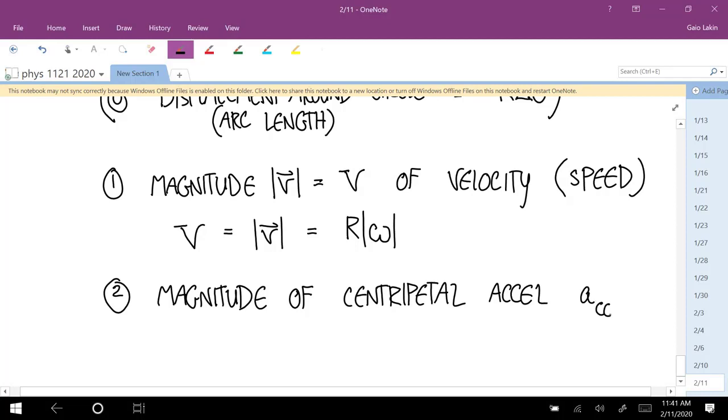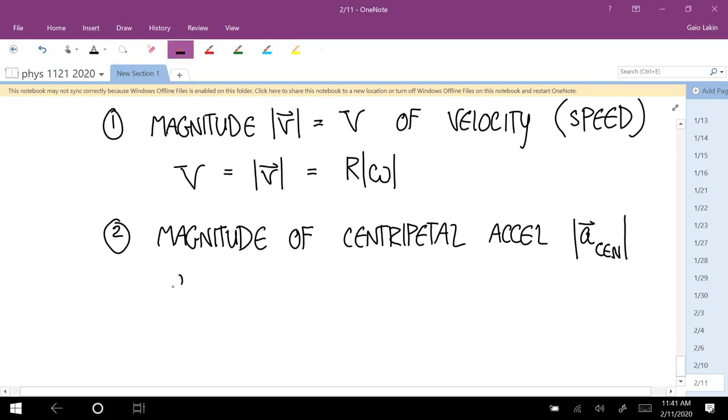So we're talking about the magnitude of the centripetal acceleration, and that's equal to omega squared times r. I didn't need to use the absolute value because of the square. And if you substitute the first one in here, that's also equal to v squared over r.